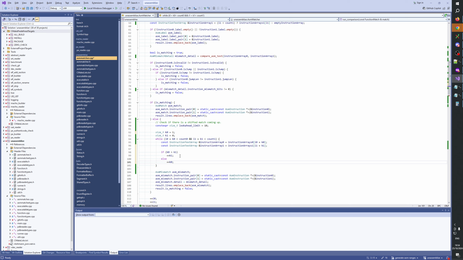So they always increment in turns. And we can make another condition here, K1 smaller than 10.